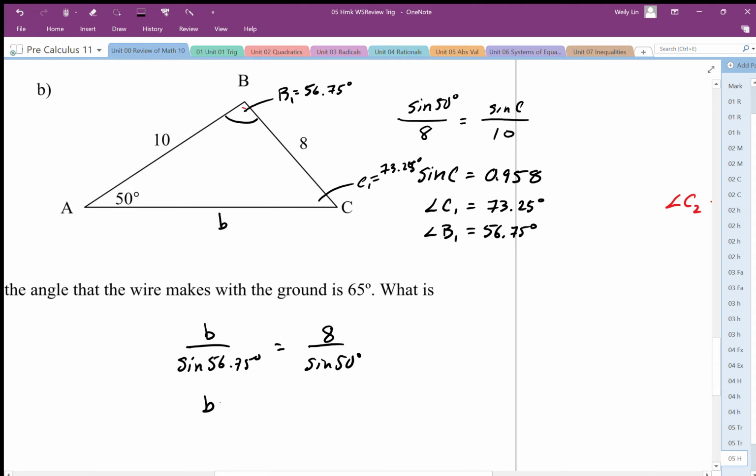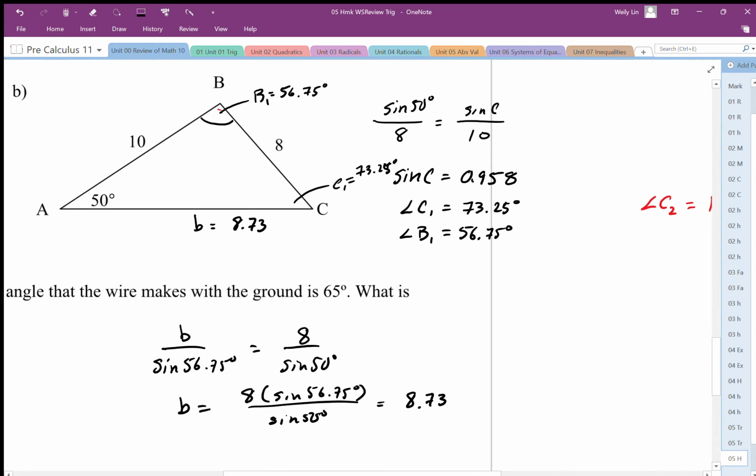So B is equal to 8 times sine of 56.75 over sine 50. And that gives me a length of 8.73. Okay, so this length here is 8.73. And at this point, I've solved for all angles, all sides, so I've solved this triangle. So that's the first triangle.